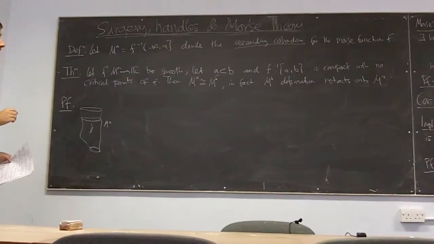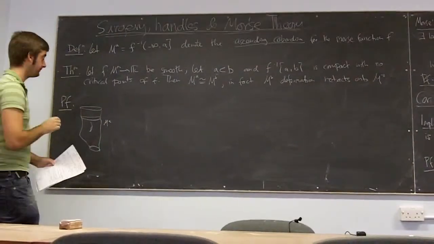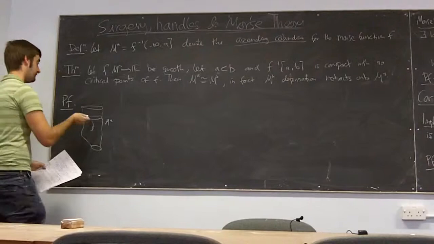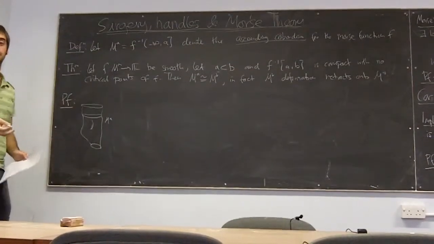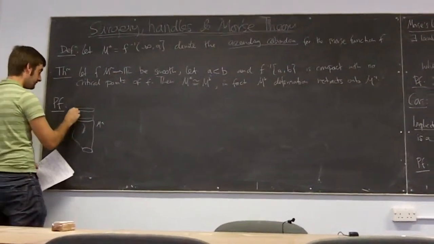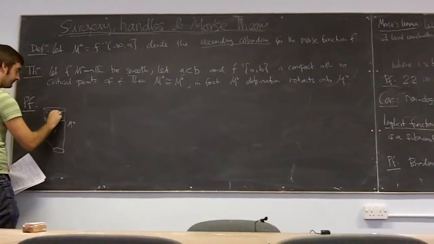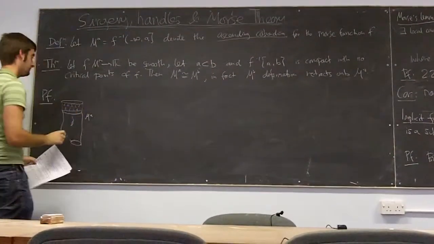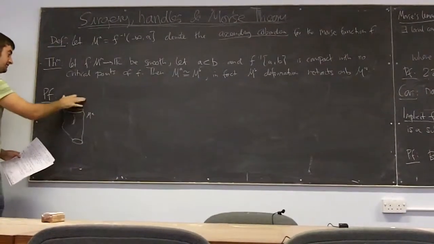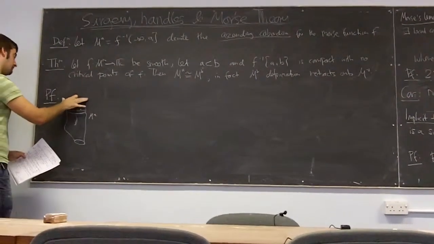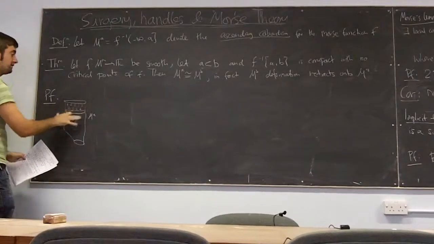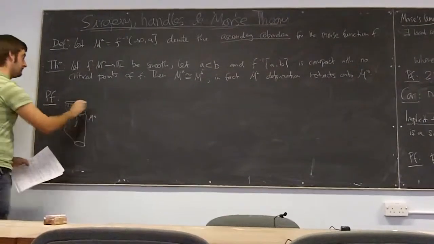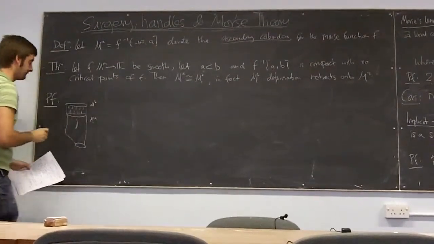Then you look at the function f. There are no critical points. You can get the gradient vector field, or the negative of the gradient vector field, and there are no zeros. So you can just integrate this, and the flow you get will give you a deformation retract from MB onto MA.